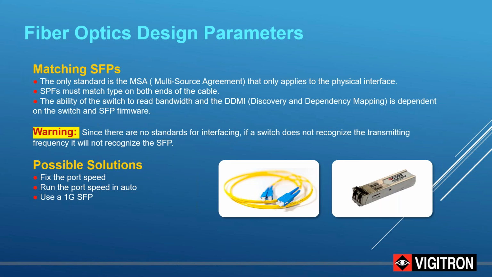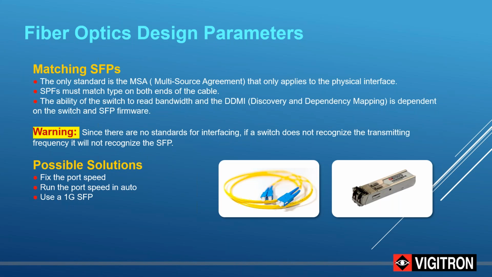Some SFPs contain what's called a DDMI, which is basically a digital interface that tells the switch what the characteristics of that SFP are. It's not contained in all SFPs. Again, there are no standards.